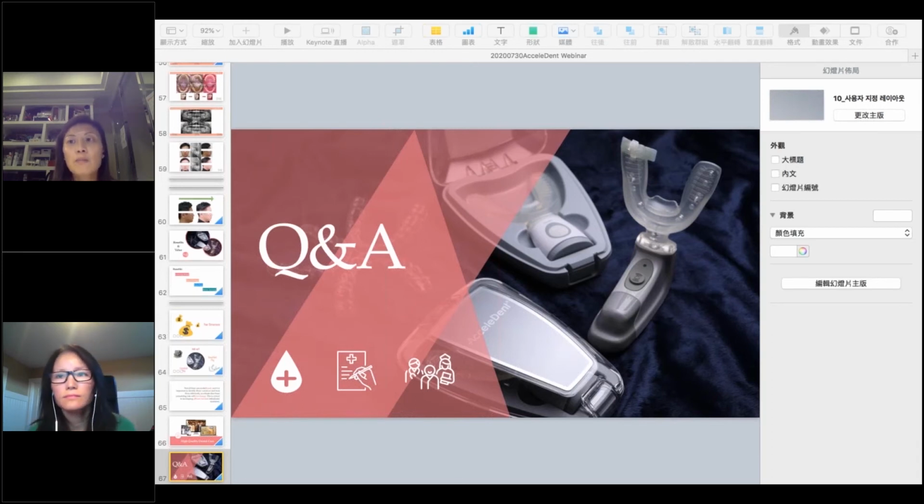If they are very compliant and cooperating, we start to deliver the appliance. We talk about the pros and cons to them at aligner 9. So I deliver the aligner at aligner 9, and we will give the patient 3 to 4 months of aligners, so that we schedule the patients back after 3 to 4 months.